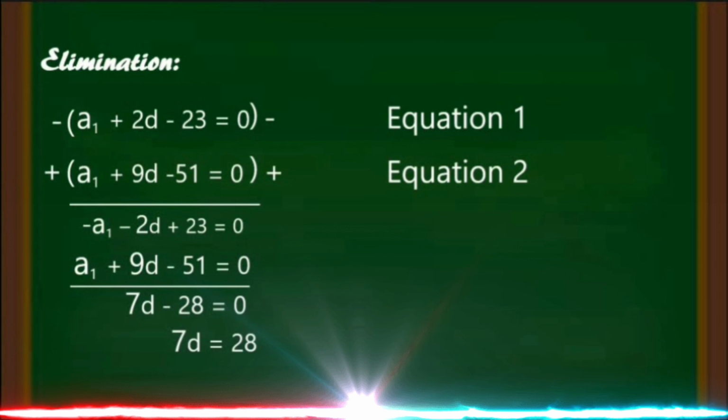After that, we need to eliminate 7. How to eliminate 7? Divide 7 on both sides. So 7d divided by 7 and 28 divided by 7, our d is equal to 4 because 28 divided by 7 is equal to 4. Now, the value of our d or the common difference is 4.